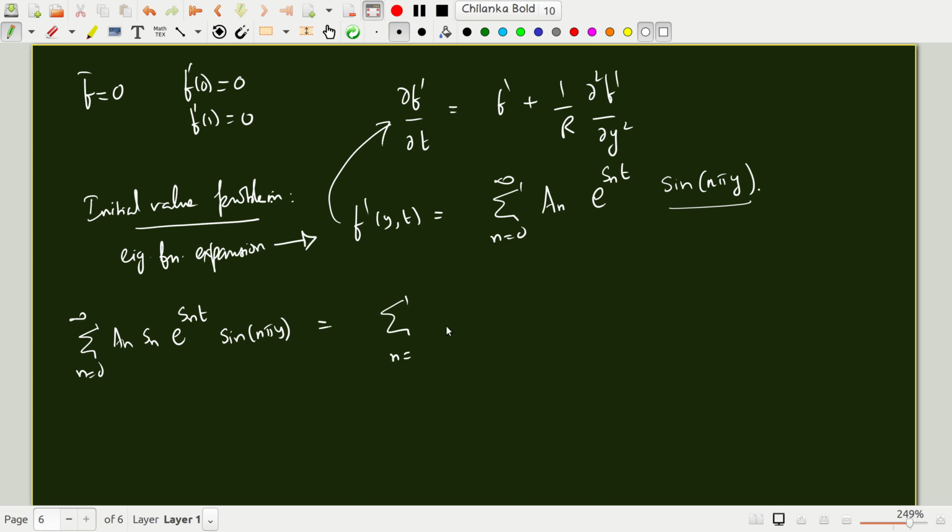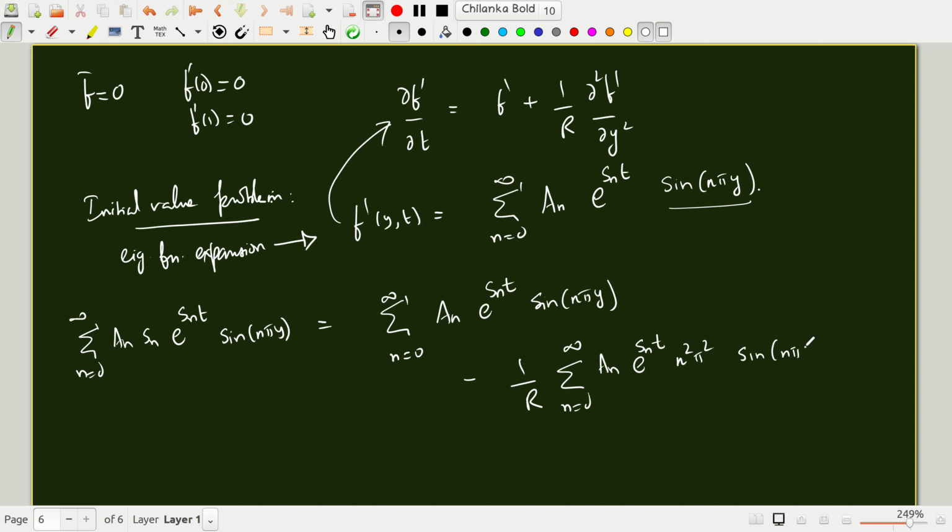Summation n equal to 0 to infinity, the first term will be a n e to the s n t sin n pi y, minus 1 over r. There is a minus because if I take the derivative twice, I will get a minus. Summation n equal to 0 to infinity a n e to the s n t n squared pi squared sin n pi y.